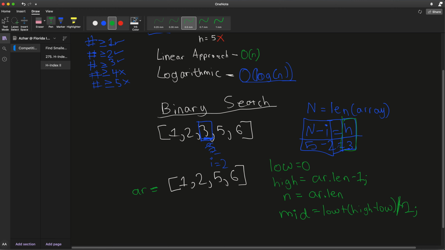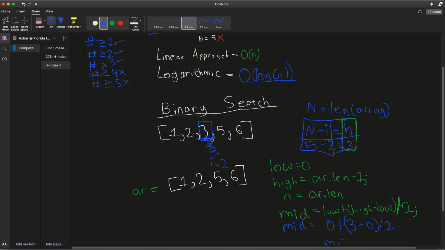And the value of that will actually be 0 plus the len - 1. It's gonna be 3, minus 0, divided by 2.